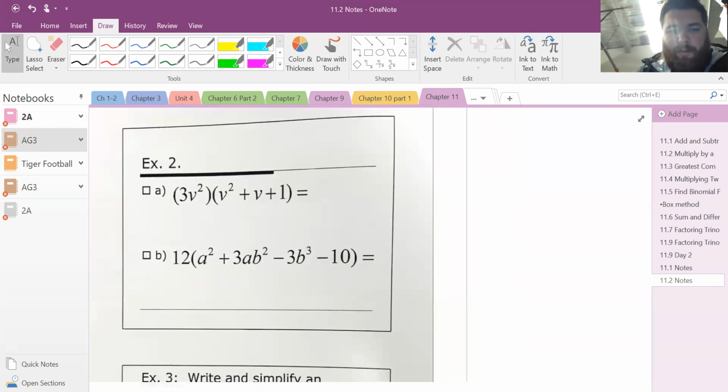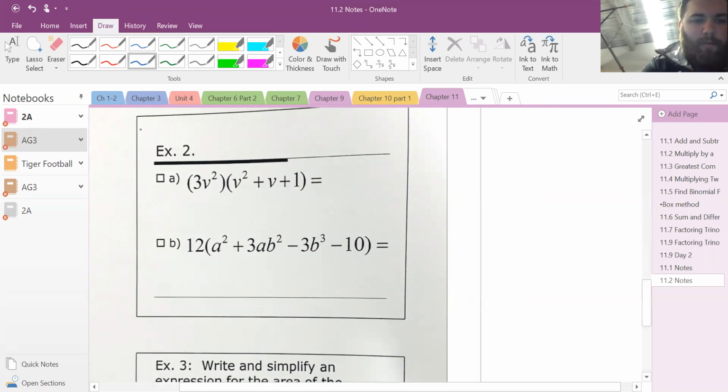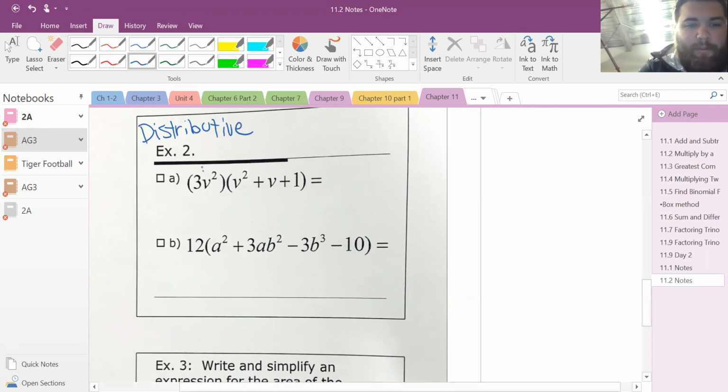That's just monomial. Now we have a monomial times a trinomial. Now we have to use the distributive property. Remember, when I have a monomial times a binomial, trinomial, any type of other polynomial that's not another monomial, we have to distribute the monomial to every term in the other polynomial.